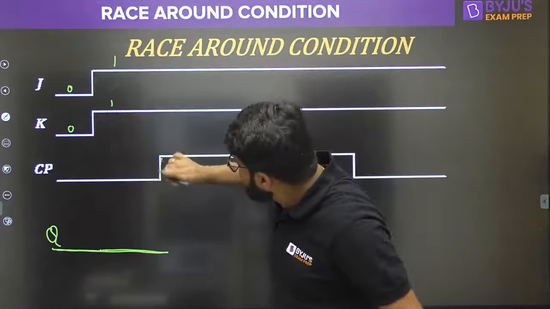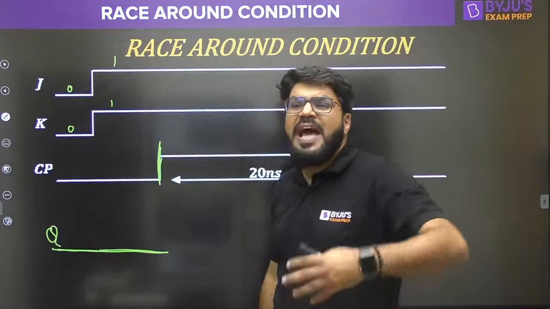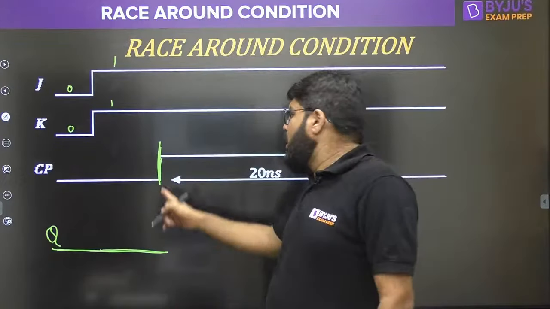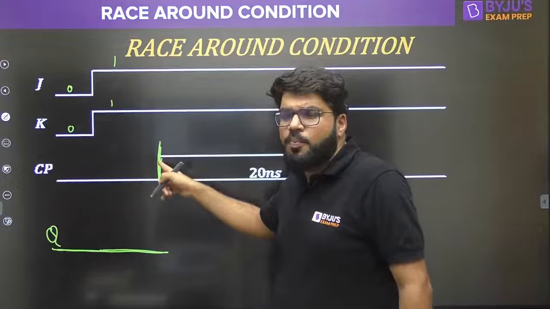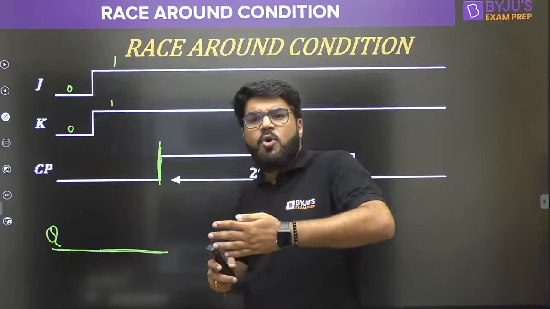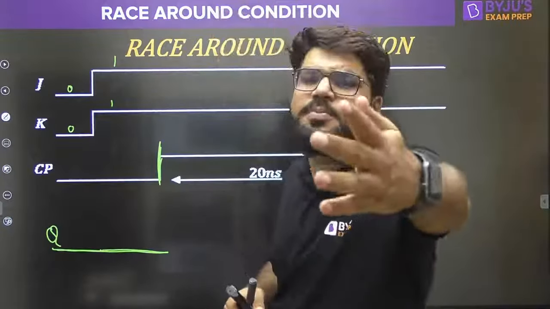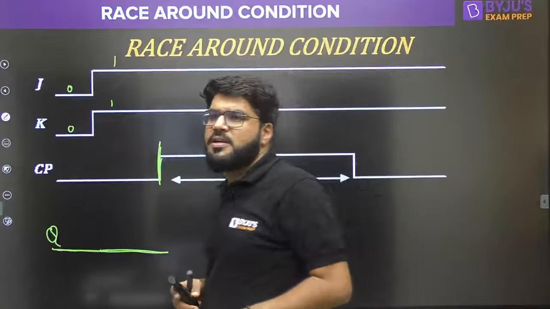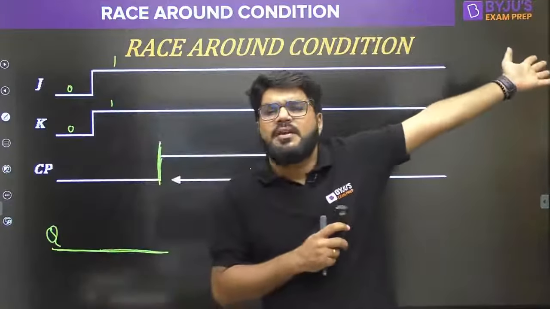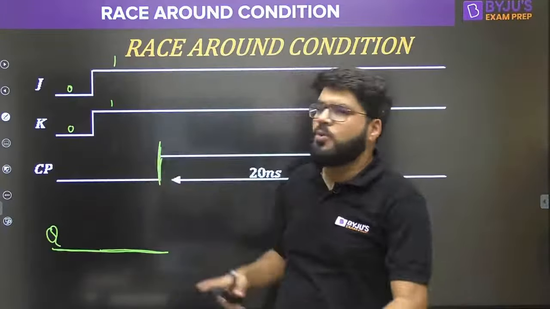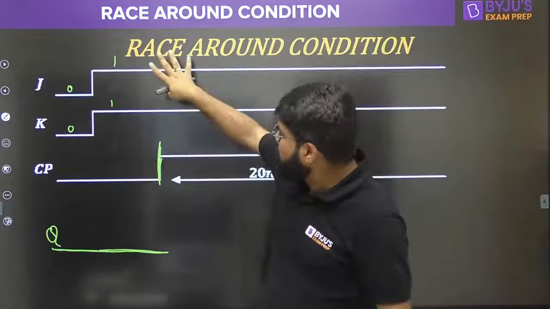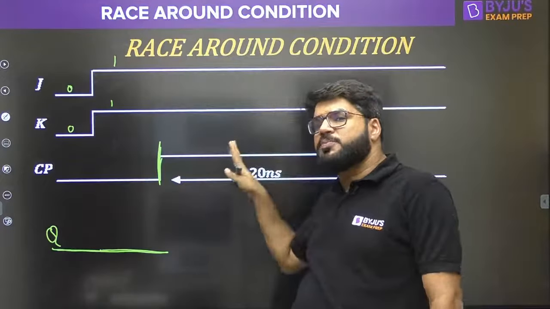The input is accepted only when the door opens. So we have to measure the delay from the point when the clock goes to 1, when the door opens. Once the door opens, the time after which the output is produced is known as the propagation delay. You may apply the input 1 much earlier, it doesn't matter. The door has to open, and when the door opens, whatever the input is gets accepted and the output is produced.